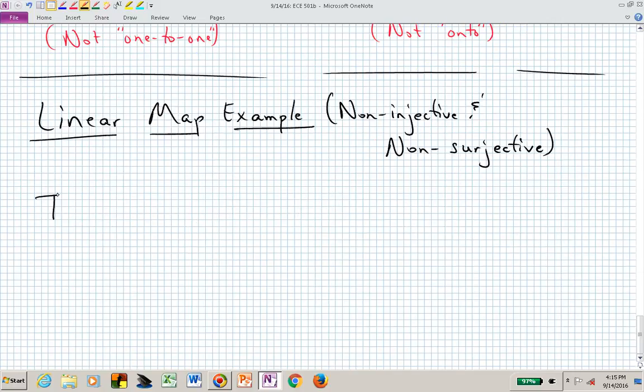And let's say that our map T is taking us from an input vector space of R3 to an output vector space R5.